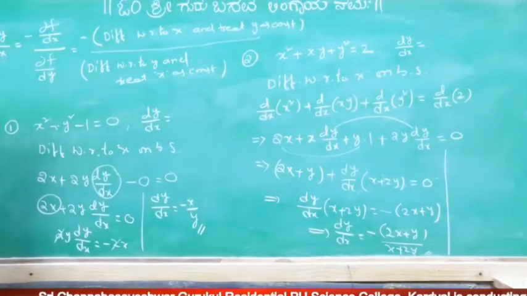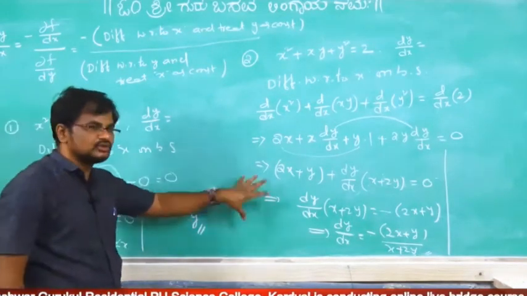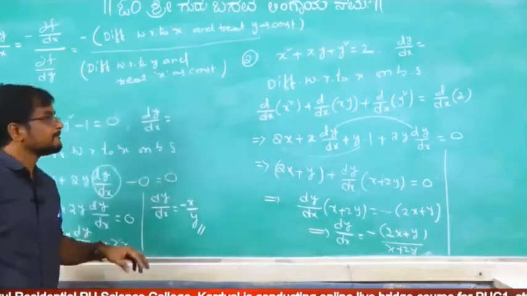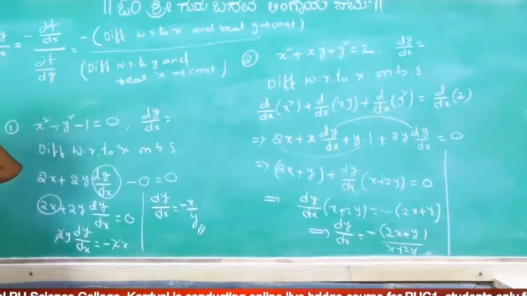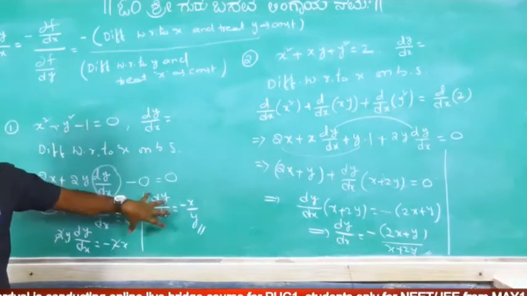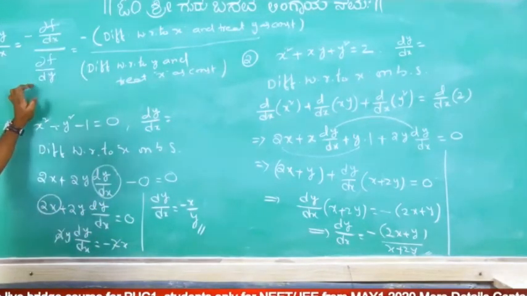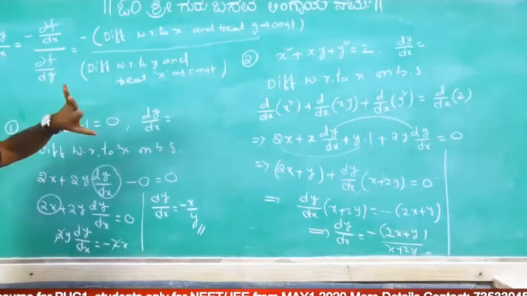Listen here, dy by dx, in short, this is how to do these problems using this concept. dy by dx equal to minus dou f by dou x divided by dou f by dou y. This is one of the tricks to solve this problem within one step.